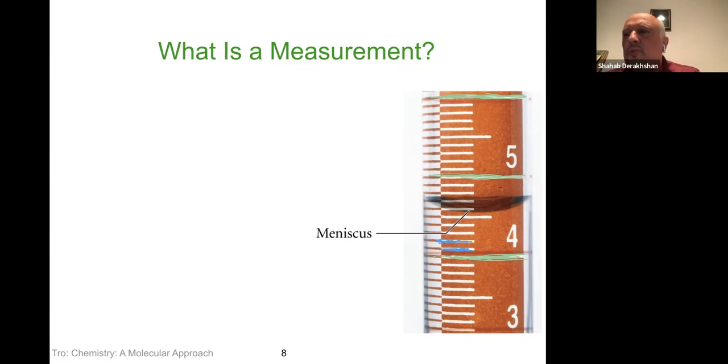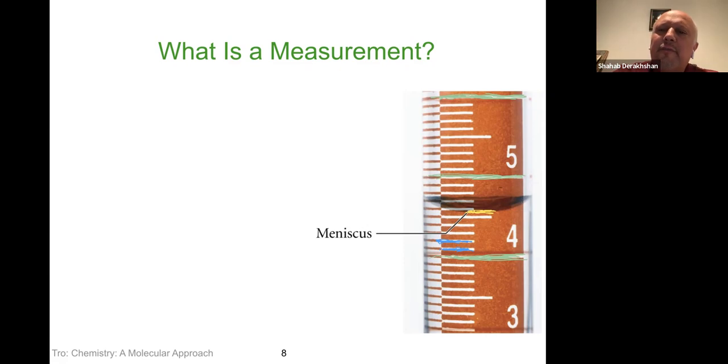So if I want to report the volume of water in my graduated cylinder, I focus on the meniscus, which is located here. The bottom of the lens which is formed. So clearly you see that it happens somewhere between 4.5 and 4.6, right?